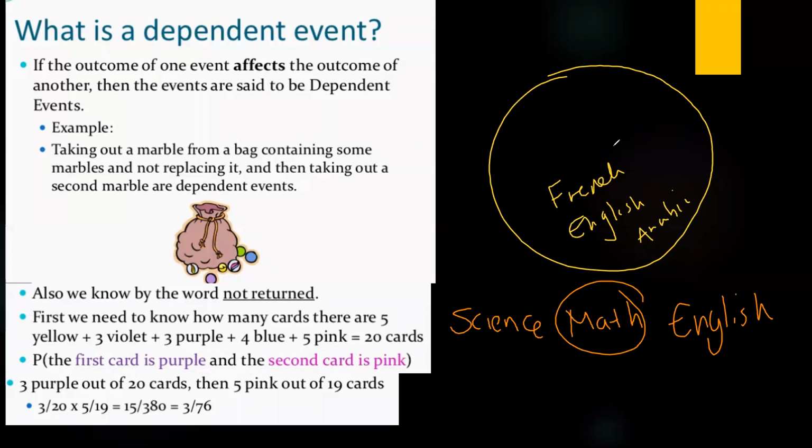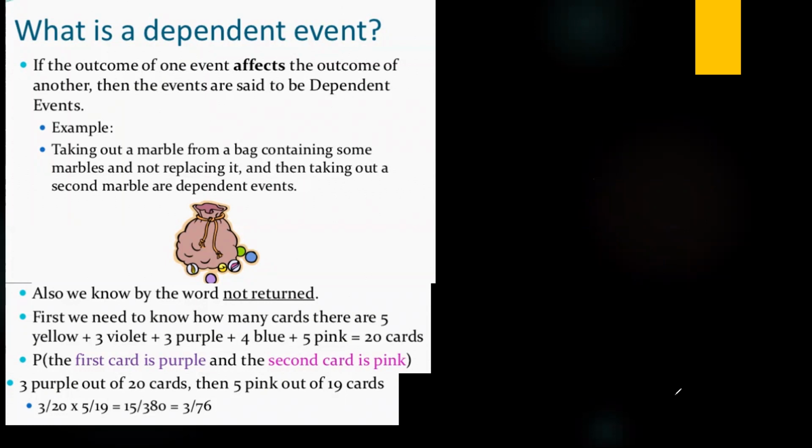So the outcome of Basmala now depends on the outcome of Farah. So it means that these are dependent events. Dependent events mean that the outcome of one event depends on the outcome of the second event.